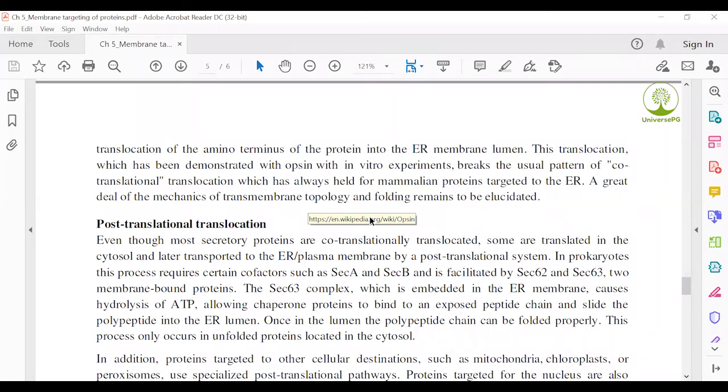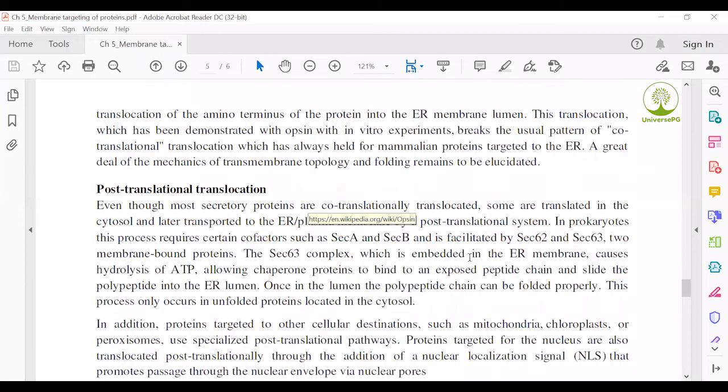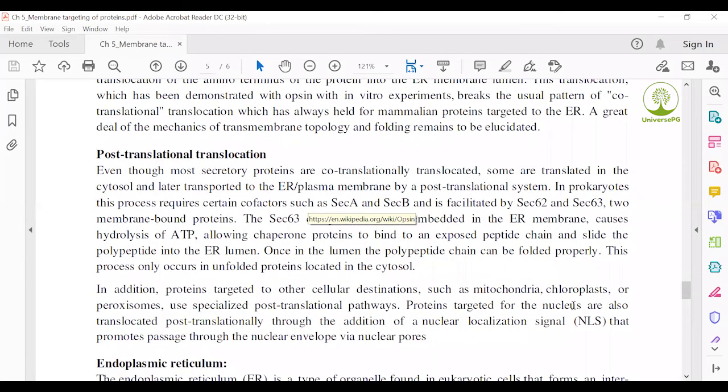Next, post-translational translocation. Even though most secretory proteins are co-translationally translocated, some are translated in the cytosol and later transported into the endoplasmic reticulum or plasma membrane by the post-translational system.